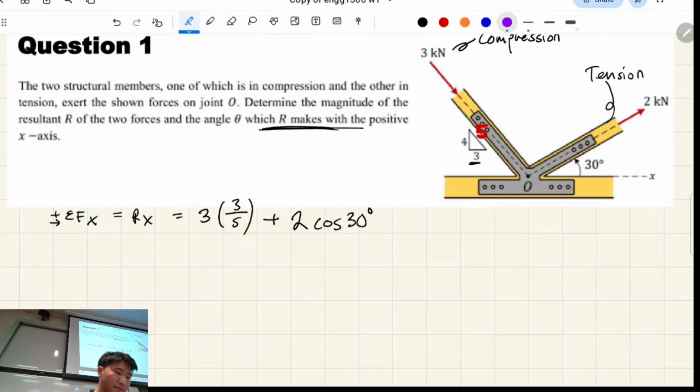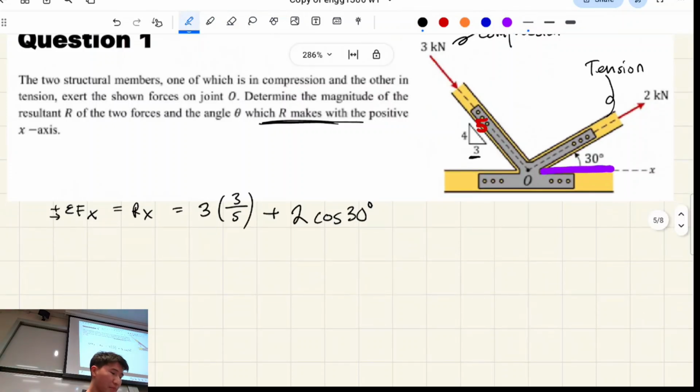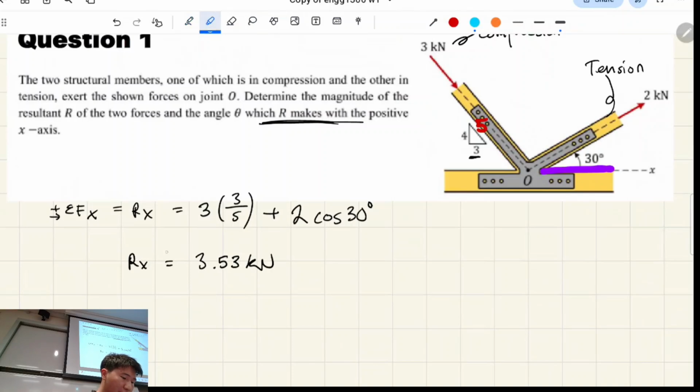Cosine comes from the adjacent side of the 30 degrees, because we're just looking at the horizontal forces. Sorry if I'm going a bit too slow for some people. I just like to go really slow for the first few questions. We've got the time, it's all good. Once we punch this in the calculator, you'll get that Rx is 3.53 kilonewtons.